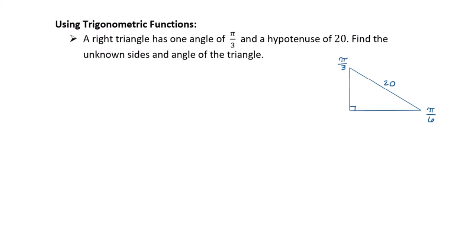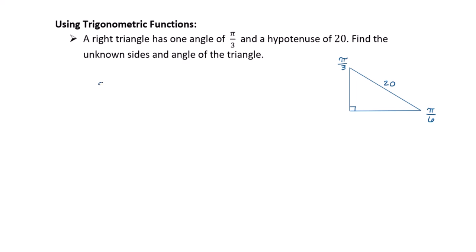Before now, we would have just used the Pythagorean theorem, but we have to have a couple of the sides to be able to do that, or at least some information to know that these sides are equal, and we don't have that information. In fact, that's not the case here. So we have to use some of our trig functions.